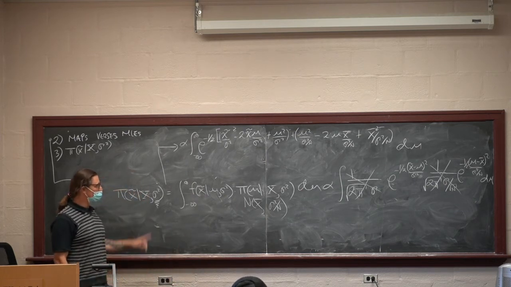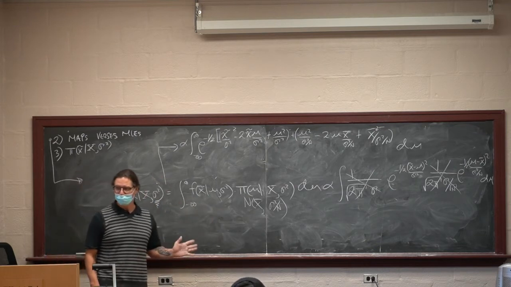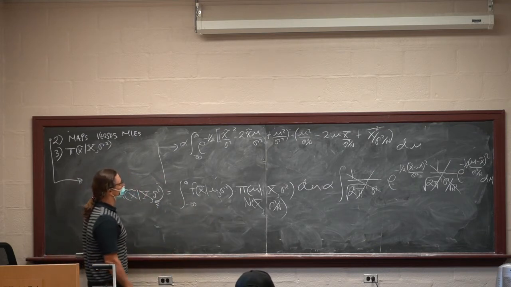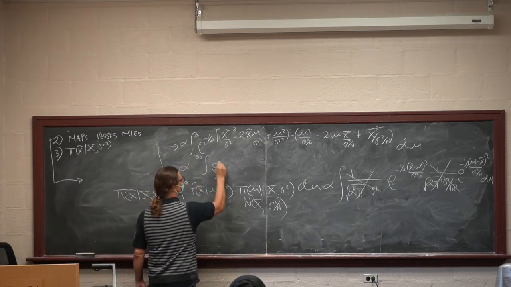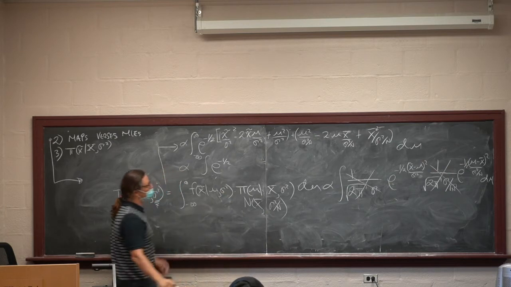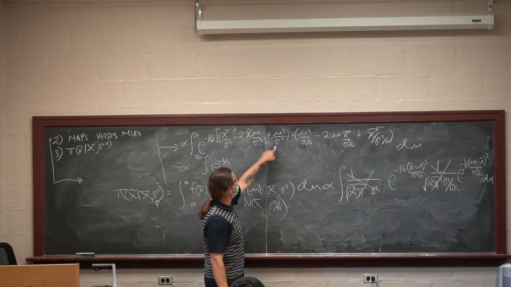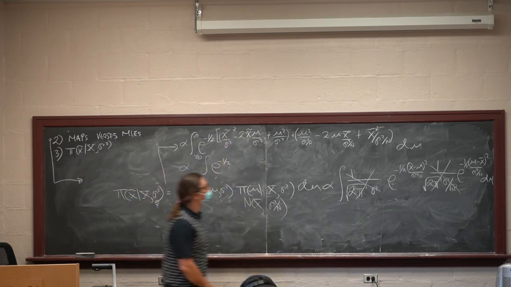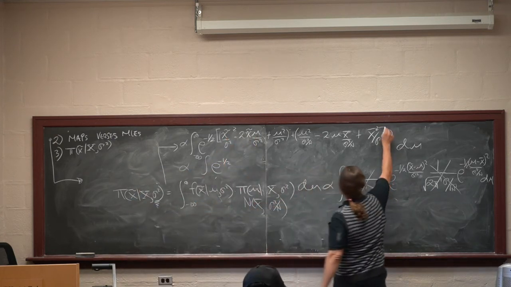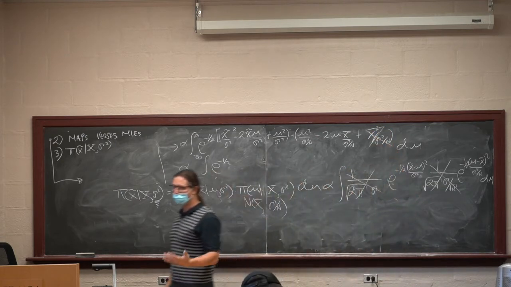So I've already written this up to proportionality, and if I haven't thrown away the wrong stuff, I'll be in good shape. So this is going to be proportional to e to the minus 1/2. There's a couple of terms I get to throw away. So can't throw away that, can't throw away that, can't throw away that. But I can throw away that, because we know sigma squared in this case.